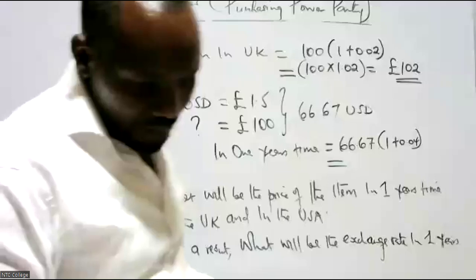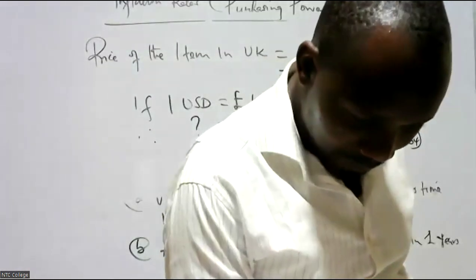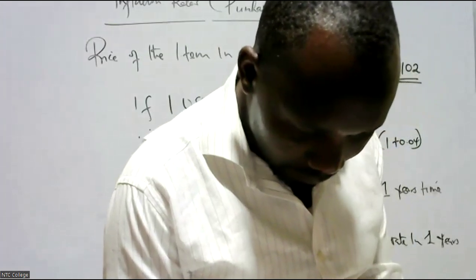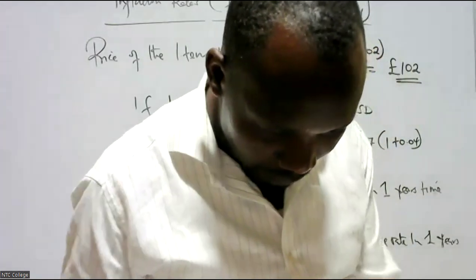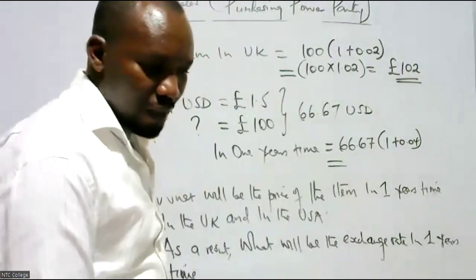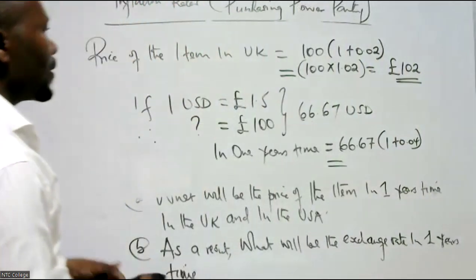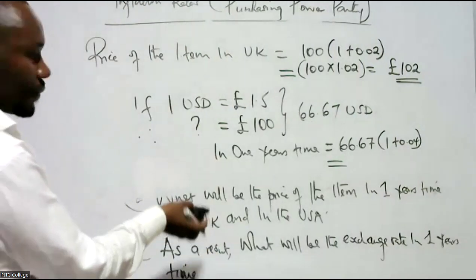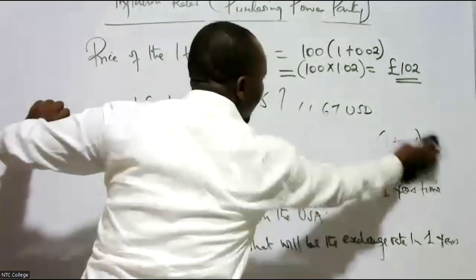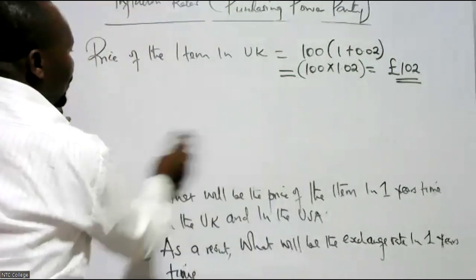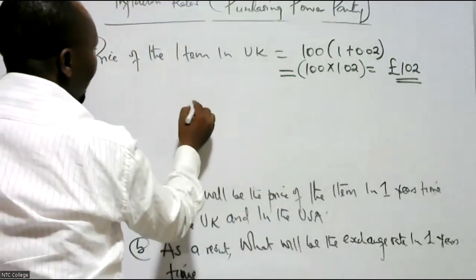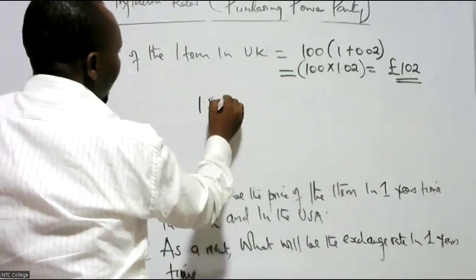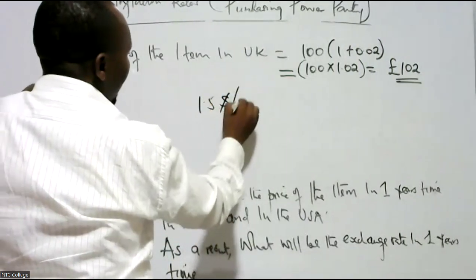But let me see the exchange rate. I think the exchange rate should be the opposite. There's a mistake somewhere there on the exchange rate from the question. The exchange rate should be 1.5 USD per pound.